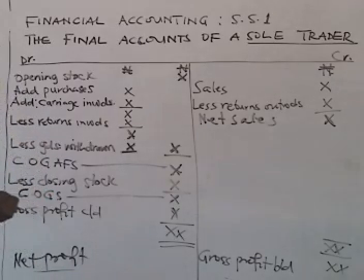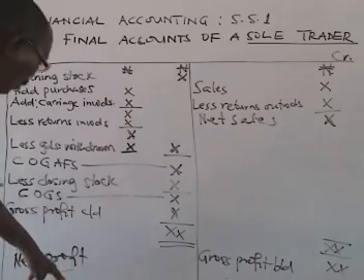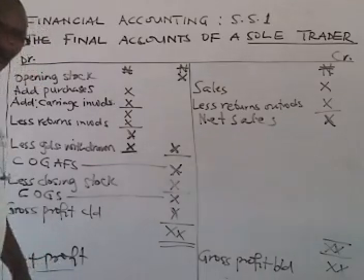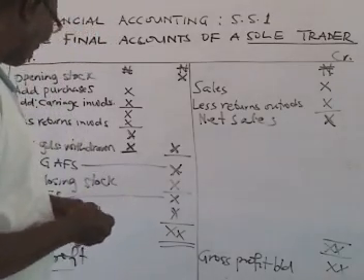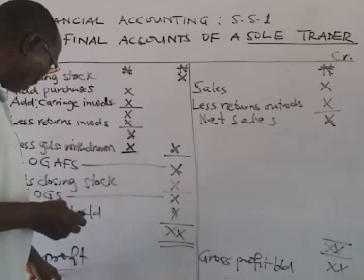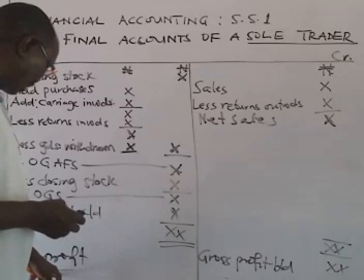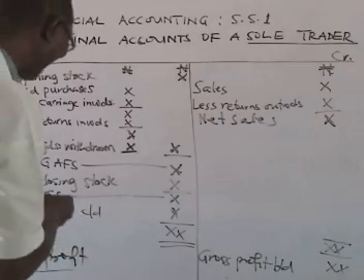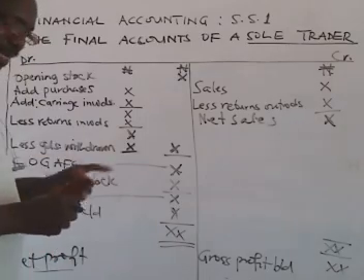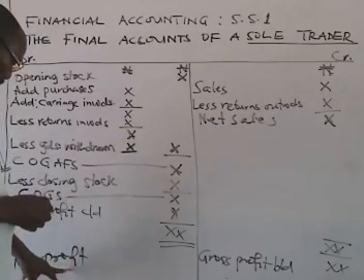Now, the question is why do you prepare net profit? Net profit is prepared so as to get the actual profit which the owner of the business can put in his pocket. The P&L account is prepared solely to get your net profit.